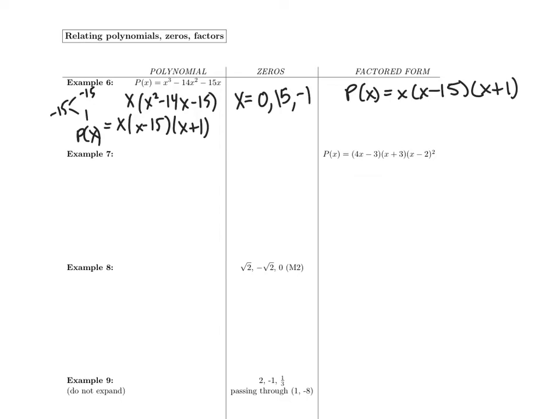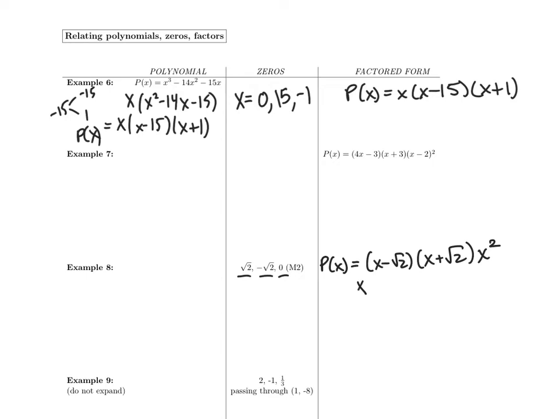If you look at, let's go ahead and skip down to example 8. You have the 3 zeros, so it's actually easier if you go ahead and write the factored form first. So we're going to have x minus the square root of 2, x plus the square root of 2, and it says that the multiplicity of 2 with our 0, so you're going to have x to the second power. So this is our factored form, and then if you were to go through and FOIL that out, that would give you the polynomial form for the first column.